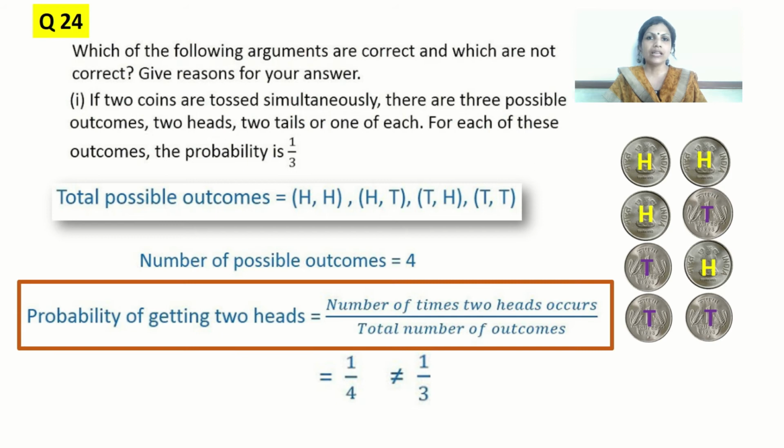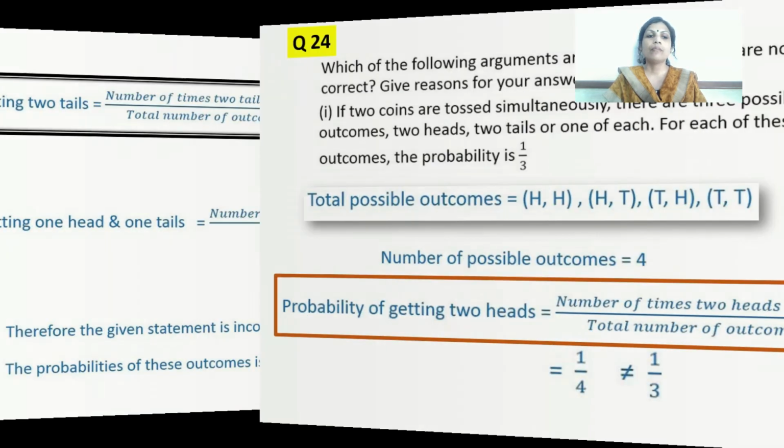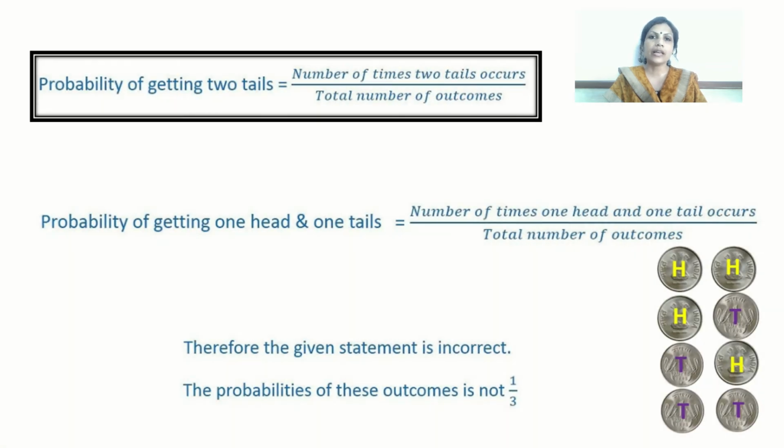Let's check the next thing which is written in the argument, the probability of getting 2 tails. So now these are the possible outcomes which are flashing on the screen. Check there, we are getting 2 tails also just 1 time. So our formula is the number of times 2 tails occurs divided by the total number of outcomes. Substitute the value, it is 1 upon 4, and this is also not equal to 1 upon 3.